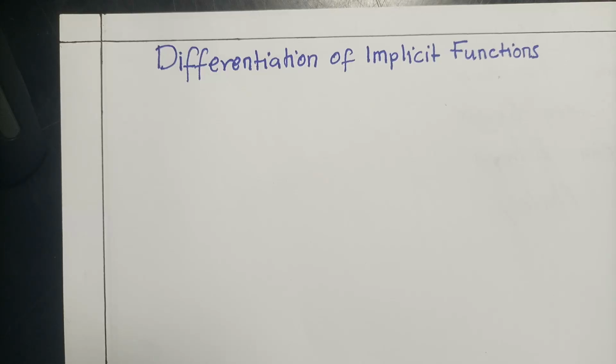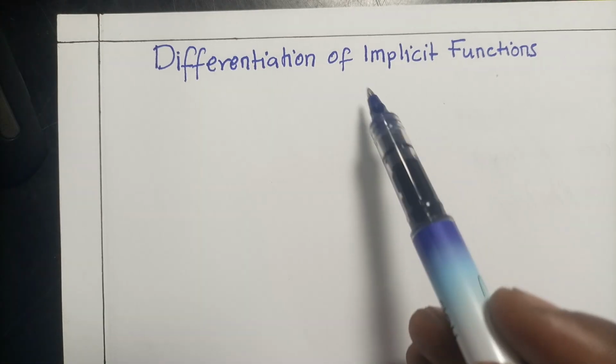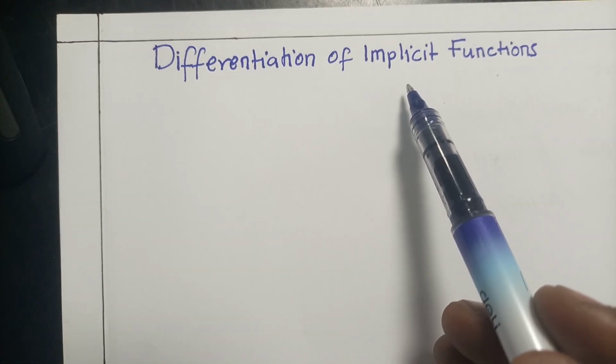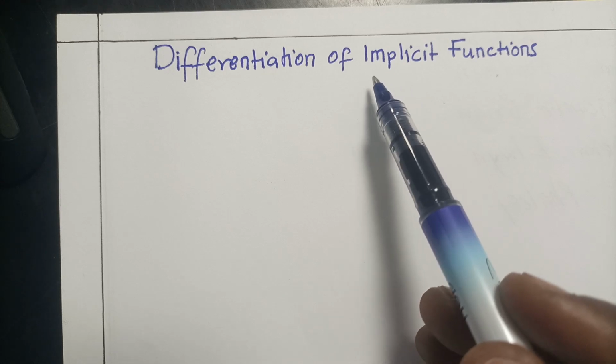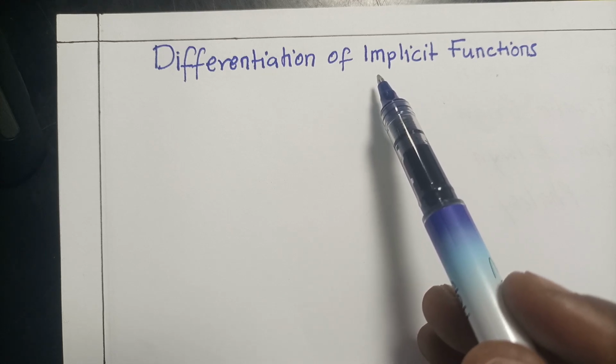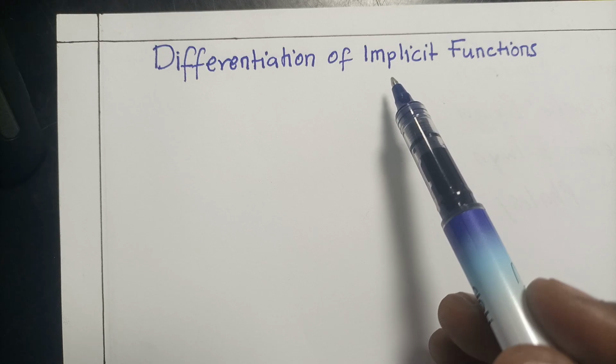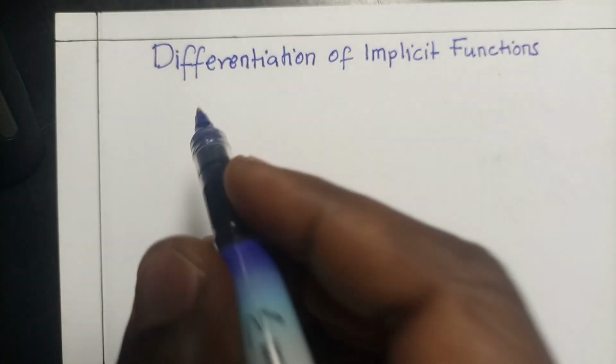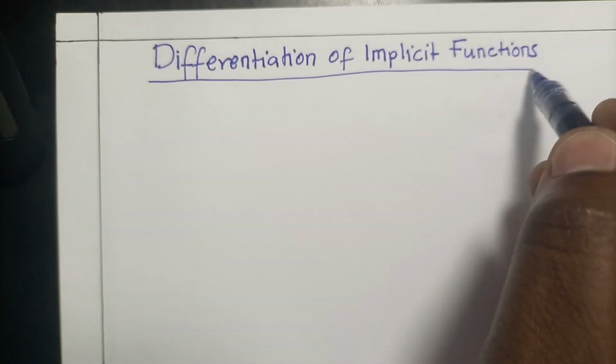All right, welcome back. So today we are discussing implicit functions, differentiation of implicit functions. Before we look at what an implicit function is, let us look at what an explicit function looks like.